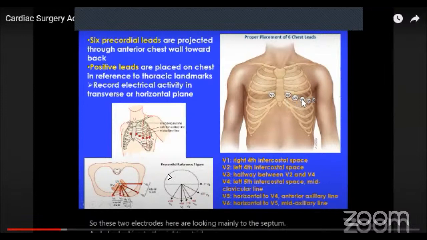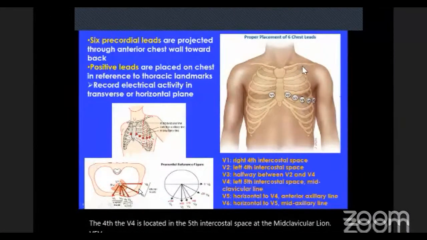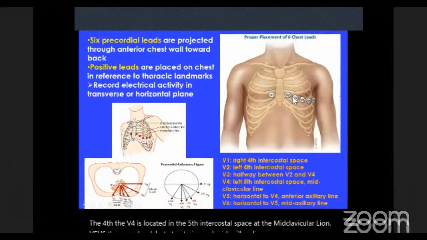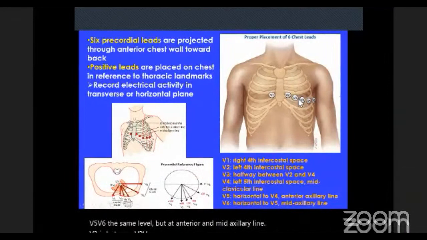V4 is located in the 5th intercostal space at the mid-clavicular line. V5 and V6 are at the same level but at the anterior and mid-axillary line. V3 is between V2 and V4, just in between the 2.